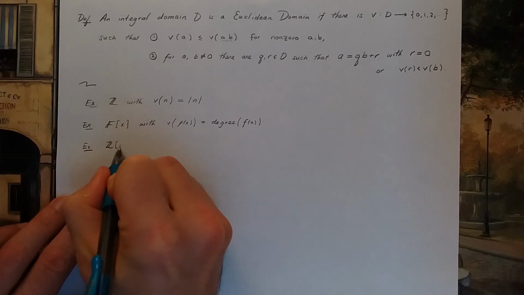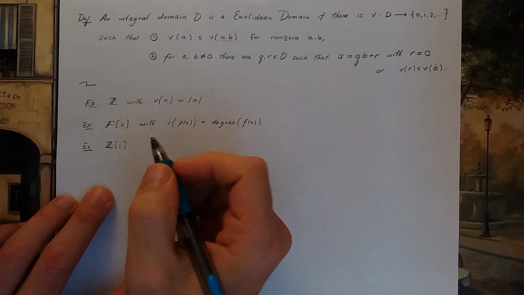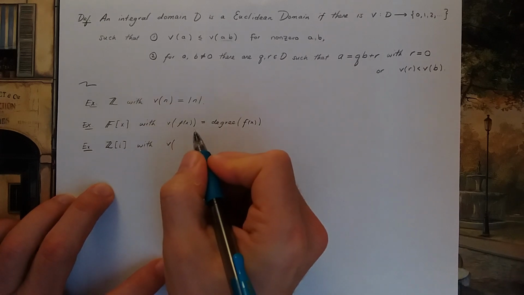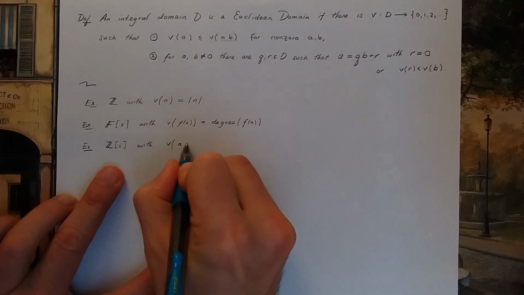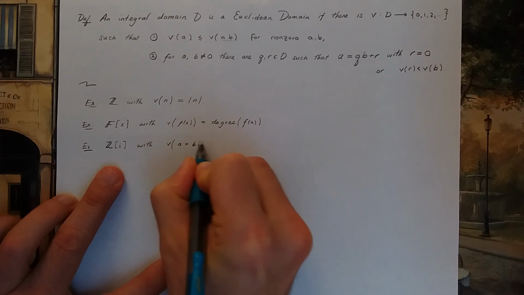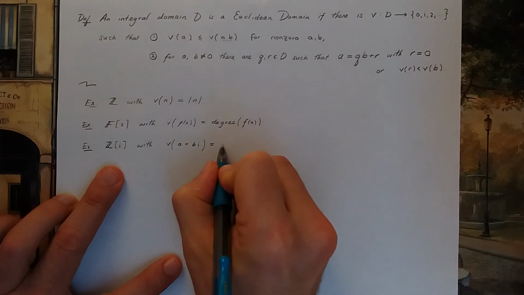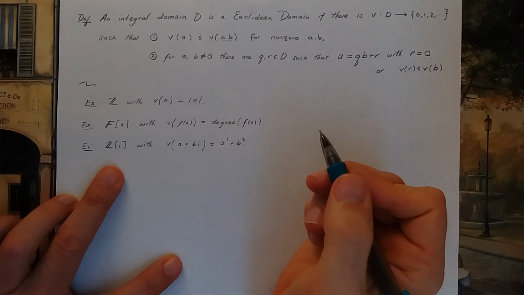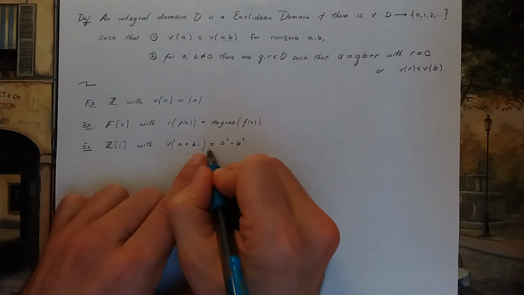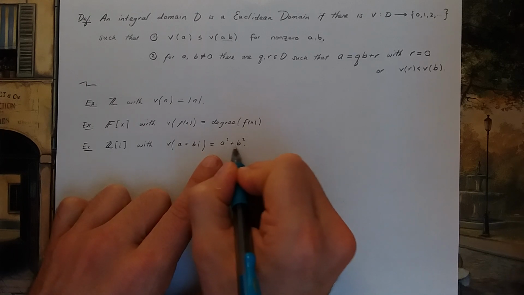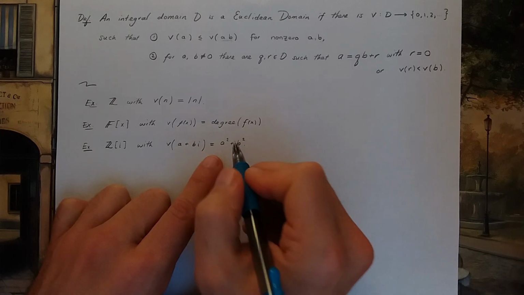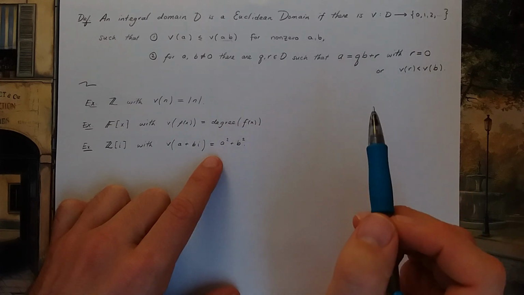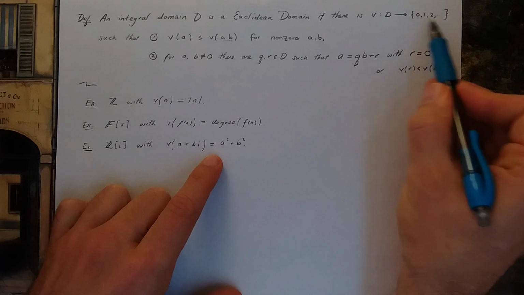Here's another example of a Euclidean domain: the Gaussian integers, Z adjoined i. The valuation function here is the function which sends a plus bi to a squared plus b squared. You might be tempted to take complex magnitude here, but if you take complex magnitude, then it's not guaranteed that you're going to get an integer out.